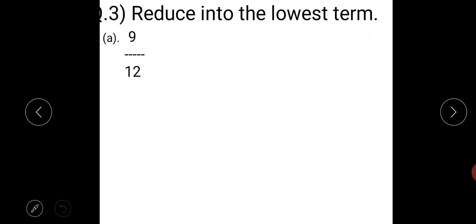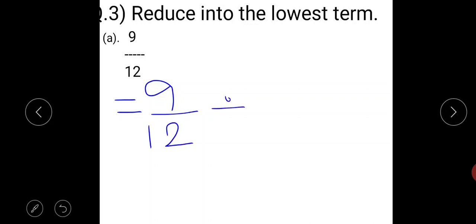Part A is 9 upon 12. So you know, to find the fraction in lowest term, we divide the numerator and denominator by same number. So 9 and 12 both are divisible by 3.